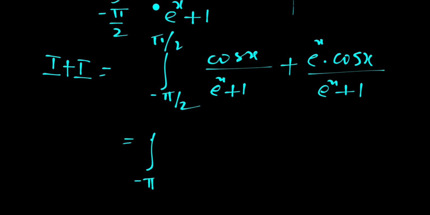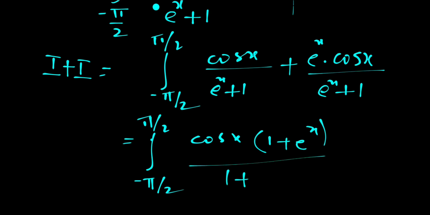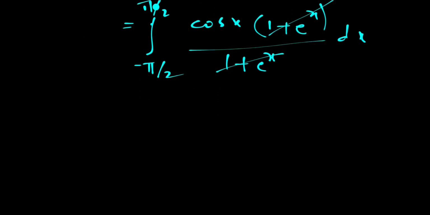To take the common here, what is the common here? Cos x is the common value. If you take numerator cos x common, 1 plus e power x divided by 1 plus e power x dx. 1 plus e power x, 1 plus e power x get cancelled.